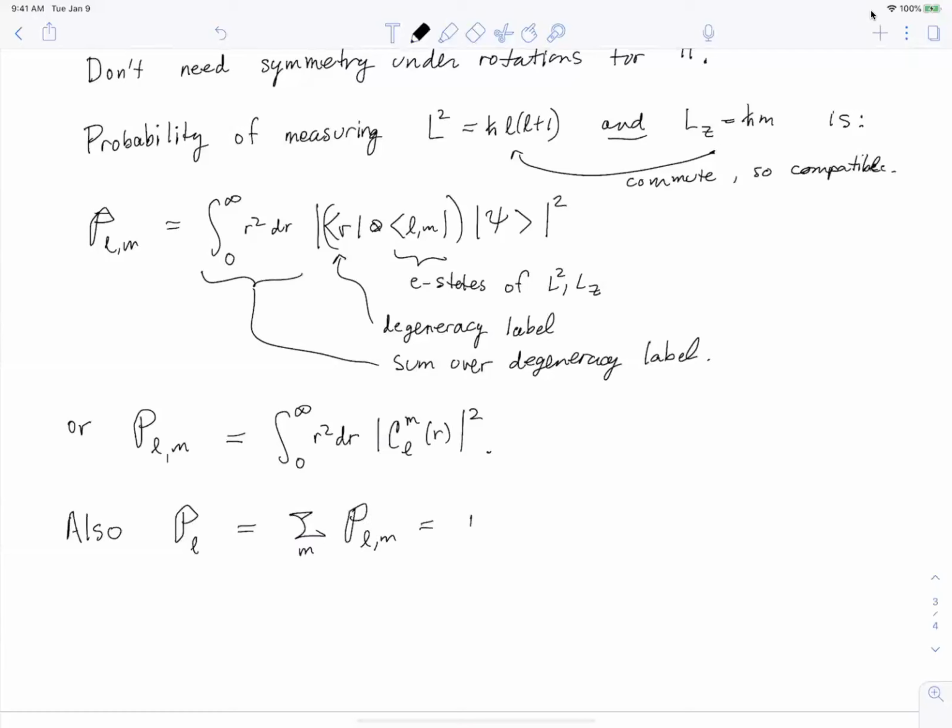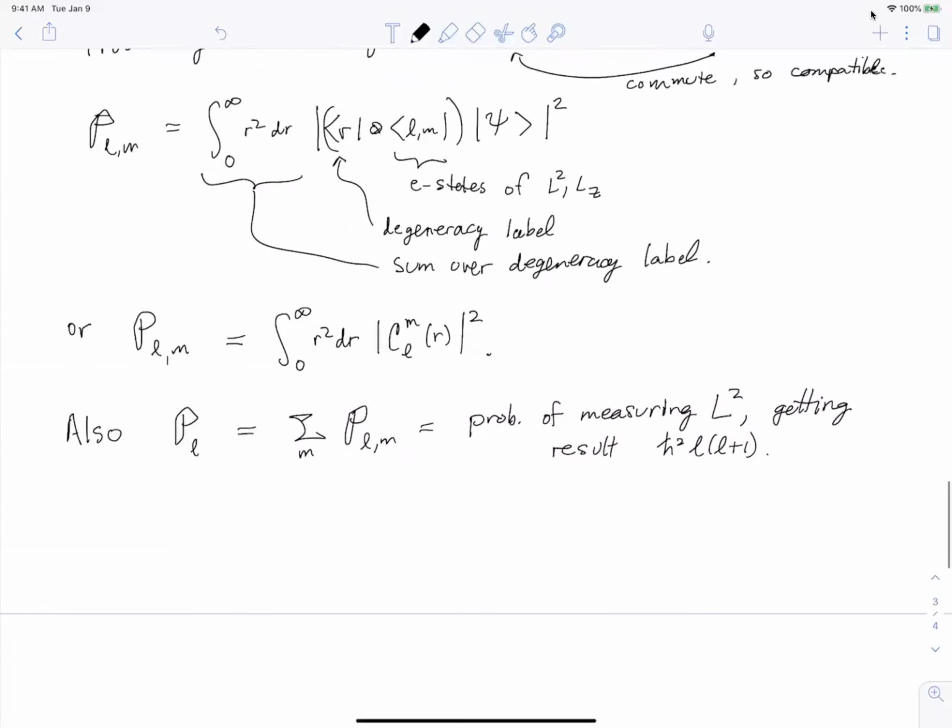So this is the probability of measuring L squared and getting the result h bar squared L times L plus 1. Or I could measure just L sub z, and then I would treat L as the degeneracy label. And so I'd do a sum over L of PLM. So this is the probability of measuring L sub z and getting the result h bar times M.